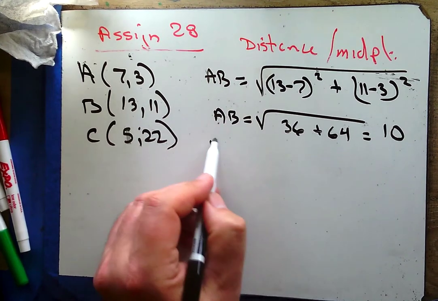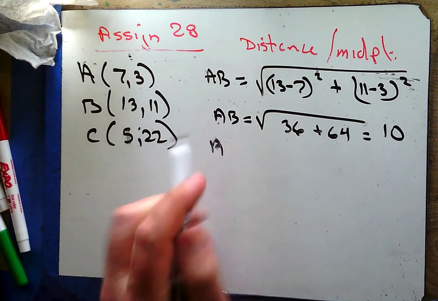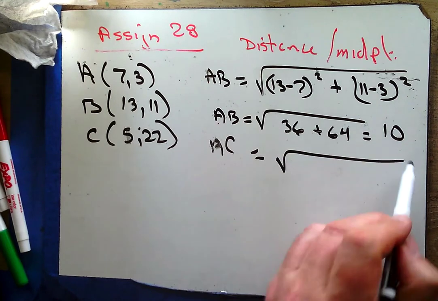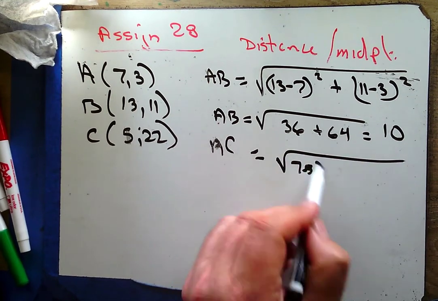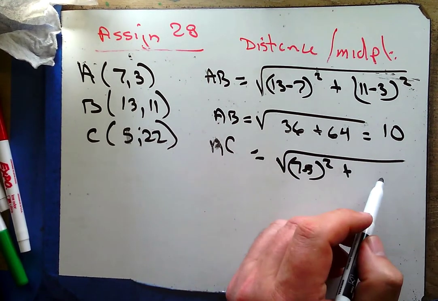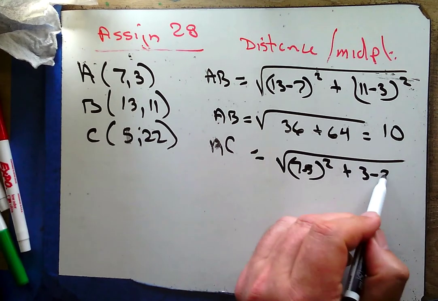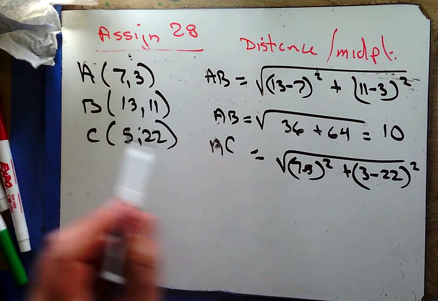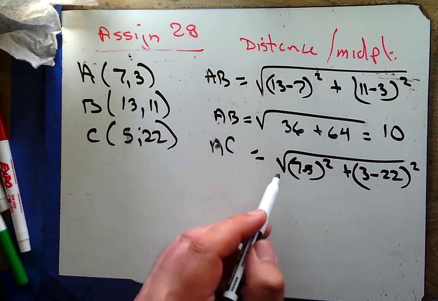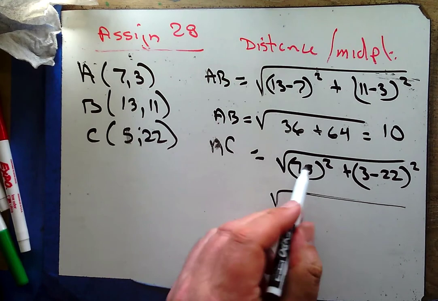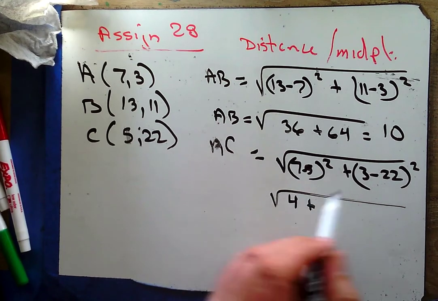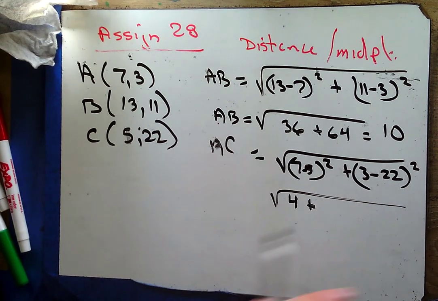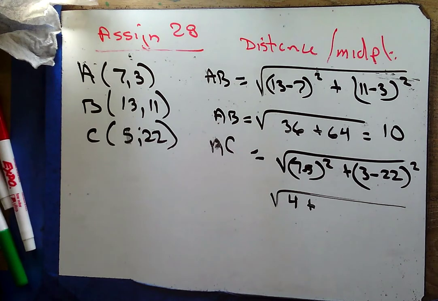Okay, that was AB. What about AC? So 7 minus 5 squared plus 3 minus 22 squared. So that's the square root of 2 squared, which is 4, plus negative 19 squared. 19 squared is 361.